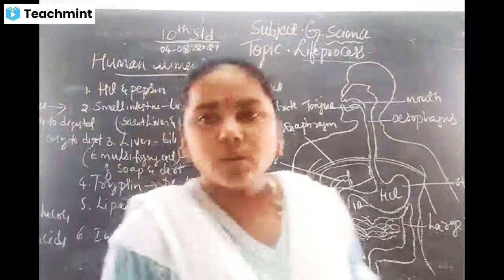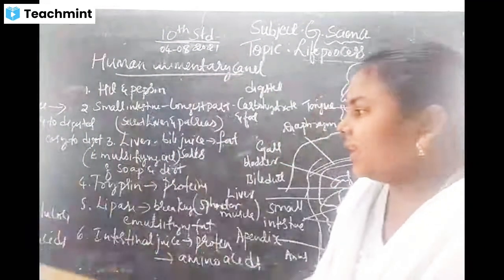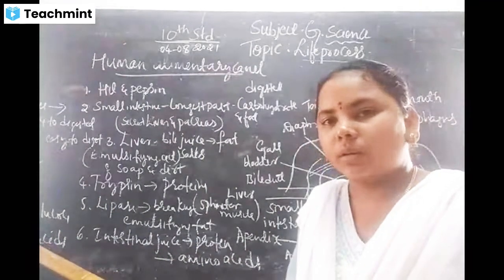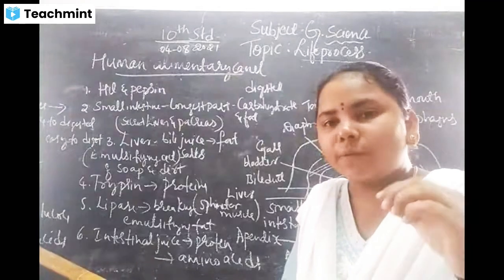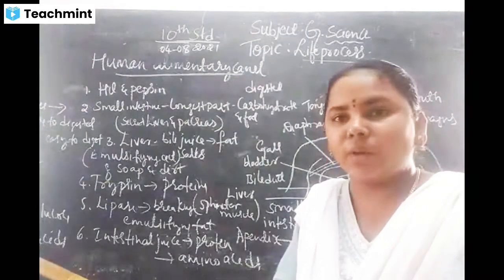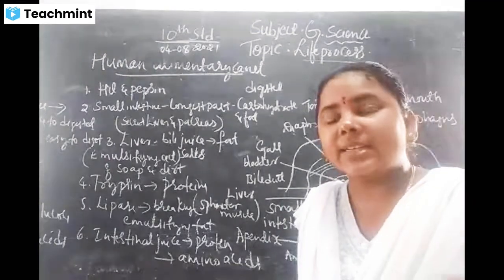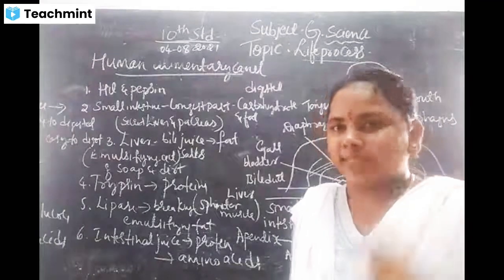Finally the carbohydrate is converted into glucose. This is at the end stage. And the fat is converted into fatty acids.